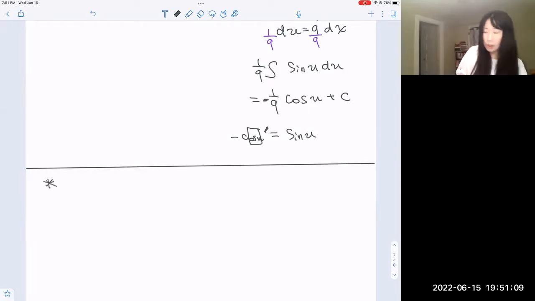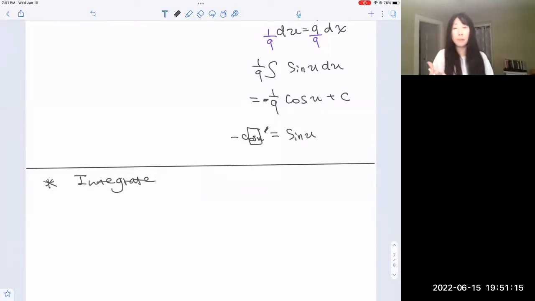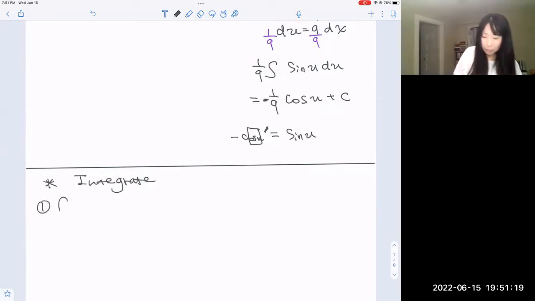So this is a basic integration. I believe you learned it from Calculus 1. What do you get for this one?